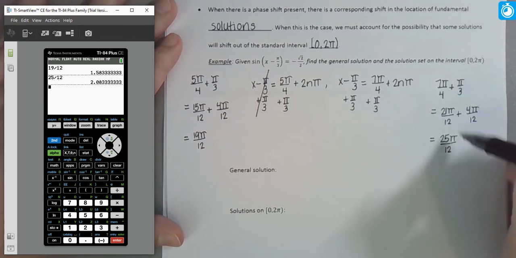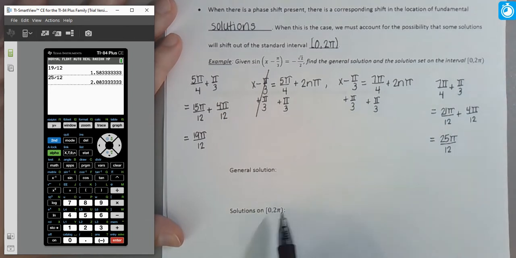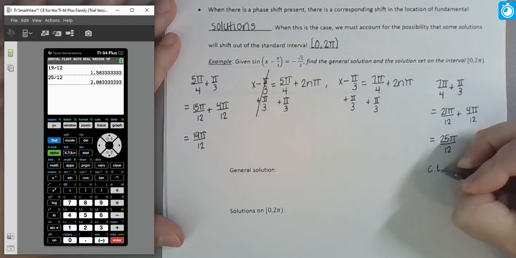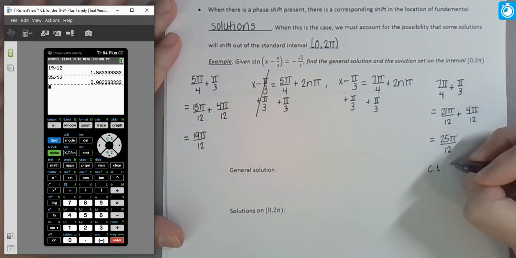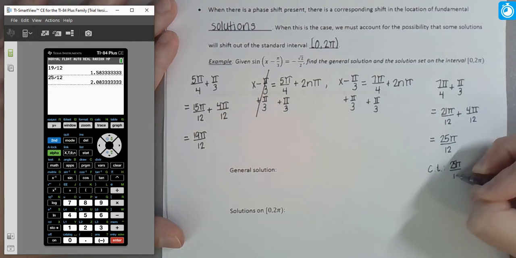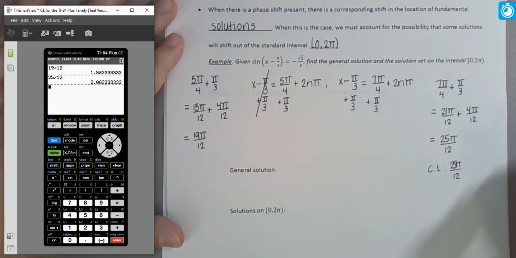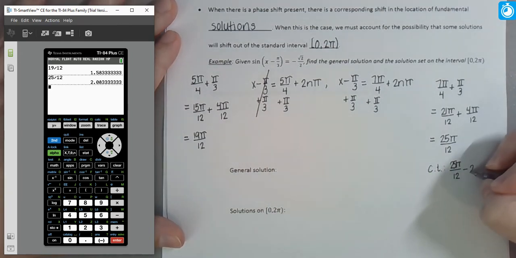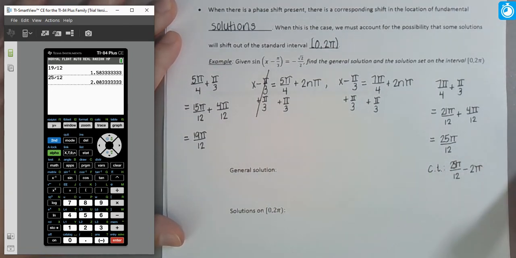So how do we deal with this problem? Well, we can take this radian measure that's outside of our interval, and we can generate something that's coterminal that is inside of our interval. So what would the coterminal angle be? Well, if we were to take 25 pi over 12, the coterminal angle, if we rotated backwards, would require us to subtract 2 pi from it. Think of this as 24 pi over 12. That's equivalent to 2 pi.